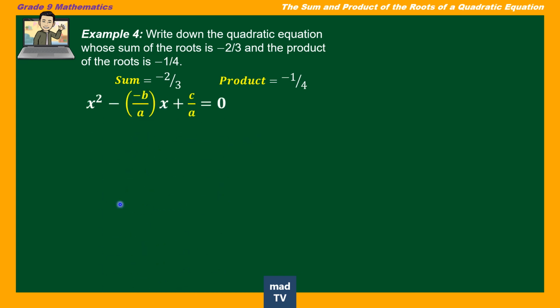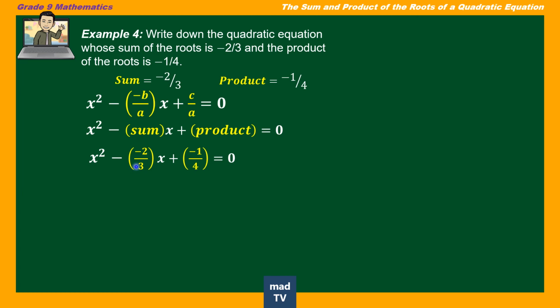So using the formula, okay, ito yung formula natin. X squared minus the quantity of negative b divided by a times x plus c divided by a is equal to 0. Or simply, x squared minus the sum x plus product is equal to 0. Let us substitute.